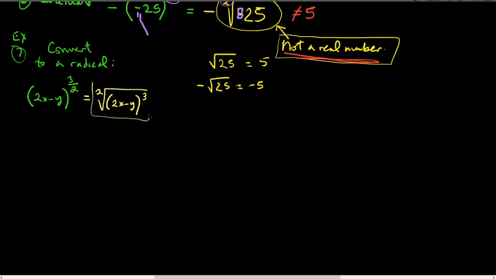And you can leave it like this. Just keep in mind, though, that depending on Connect Math, you really shouldn't put a 2 here because it's the square root. So you should just write 2x minus y to the 3 under the radical symbol. If you put a 2 there, I don't mind, I'll mark it as correct.